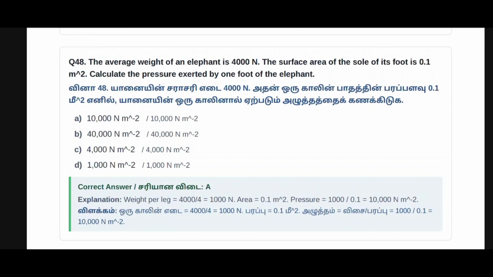Calculate the pressure exerted by 1 foot of the elephant. ஆக்சுவலாக வந்து இது ஒரு ப்ராப்ளம். இதில் ப்ரெஷரை கால்குலேட் பண்ண சொல்லியிருக்காங்க எலிஃபெண்டோட 1 ஃபுட்டுக்கு. எலிஃபெண்டோட வெயிட் 4,000 நியூட்டன், ஏரியா 0.1ன்னு சொல்லியிருக்காங்க. ப்ரெஷரோட ஃபார்முலா ஃபோர்ஸ் பை ஏரியா. நமக்கு 1 ஃபுட்டுக்கு தானே கண்டுபிடிக்க சொல்லியிருக்காங்க. ஸோ 4,000ஐ 4ஆல் டிவைட் பண்ணிக்கிட்டா 1000 வரும். அப்போ நம்மளோட ஃபோர்ஸ் 1000. 1000 பை 0.1 ஈக்குவல் டு 10,000. அப்போ ஆப்ஷன் ஏ, 10,000 நியூட்டன் எம் பவர் மைனஸ் 2.